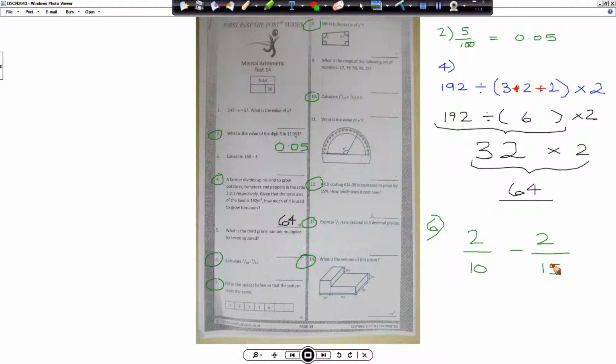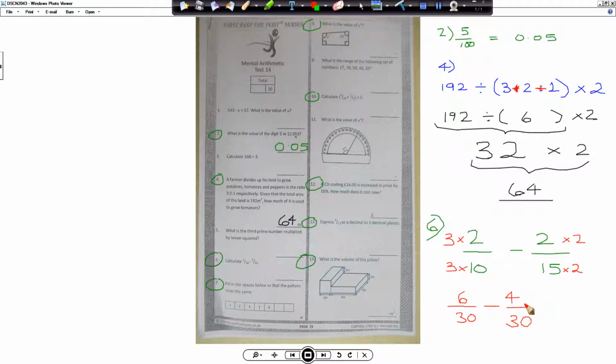So 10 and 15 can both be easily made into 30. If you turn that into 30 times by 2, if you turn this into 30 times by 3, what you do to the bottom, you do to the top. So 3 times by 2 will give you 6 over 30, minus 4 over 30.